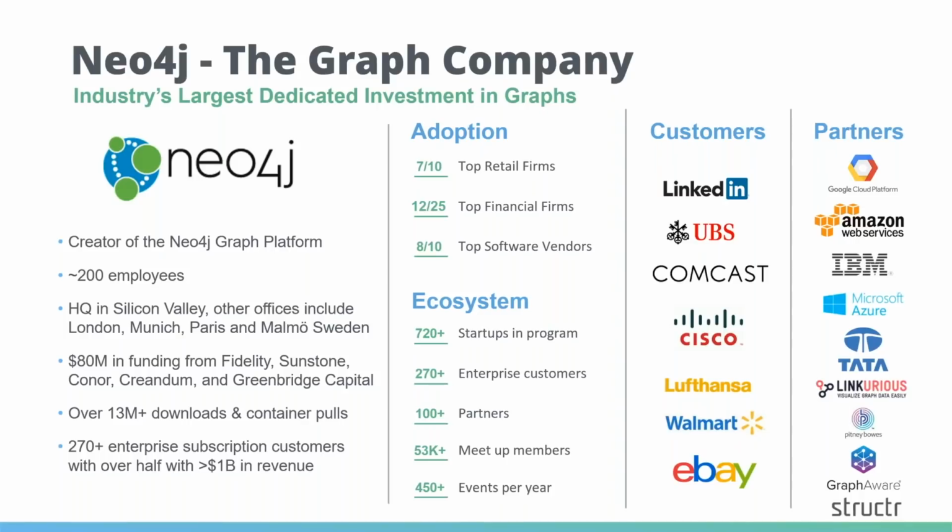When you combine the vendors in our startup program with the number of enterprise customers that we actually have now, we're pushing 1,000 enterprise organizations that are in the Neo4j family. The participation of the open source itself is incredible. 13 million plus downloads and Docker container pulls of the software so far, and over half of our 270 enterprise organizations carry more than $1 billion in revenue each.